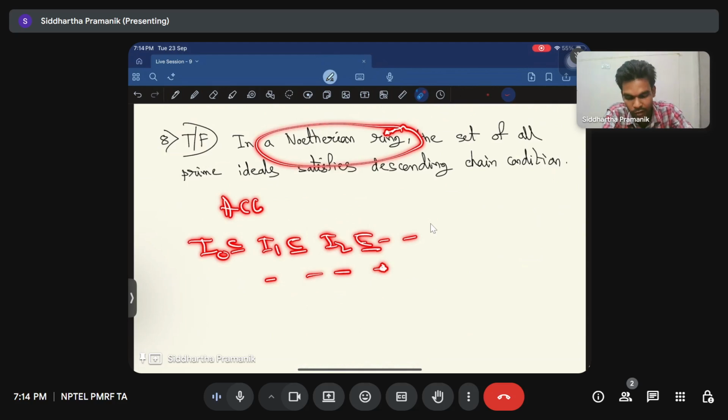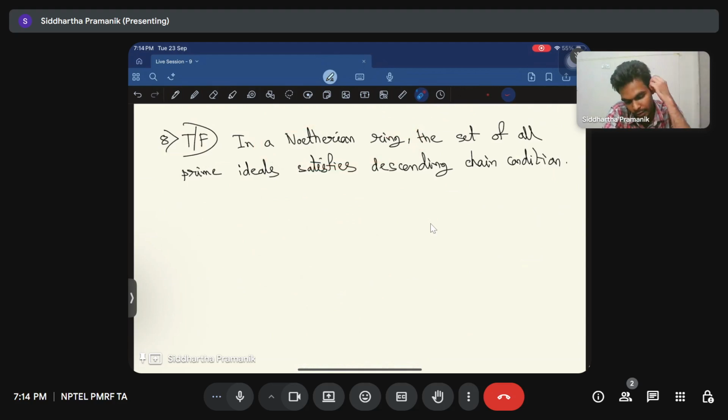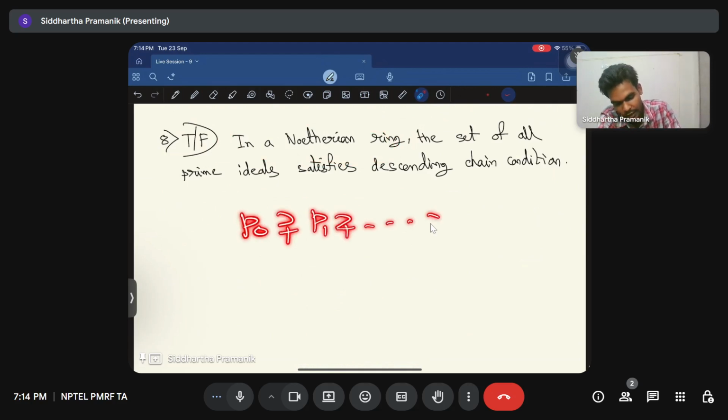And the dual one, the descending chain condition, is true in an Artinian ring, for any descending chain of ideals. So in this statement we are saying if we have a Noetherian ring, and we take a descending chain of prime ideals, then it has to be stabilized at some point. And this is true for any chain of prime ideals. Is this true in a Noetherian ring or not? That we have to check.